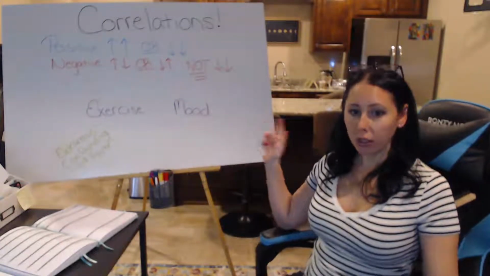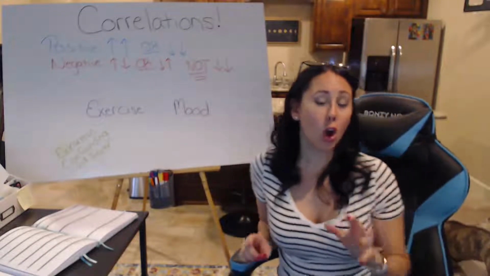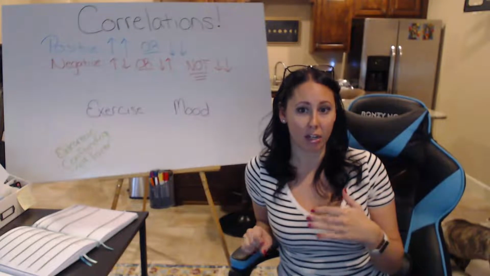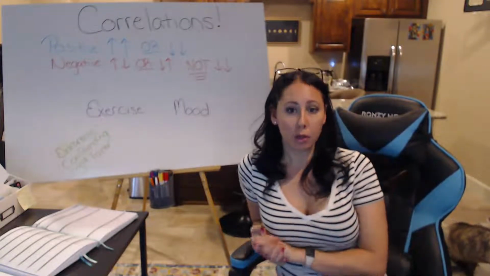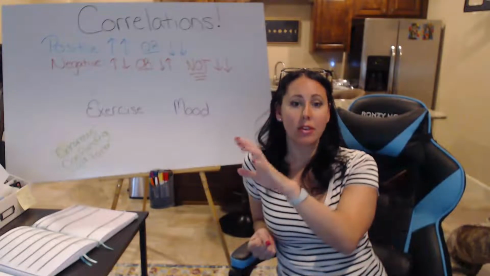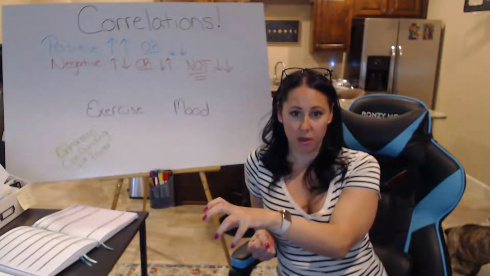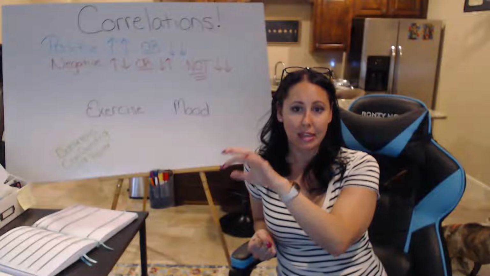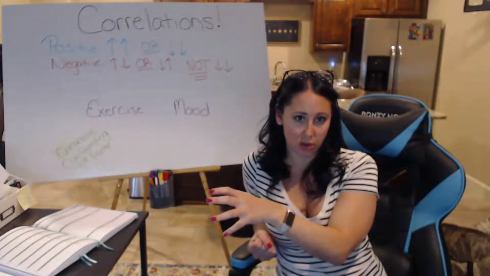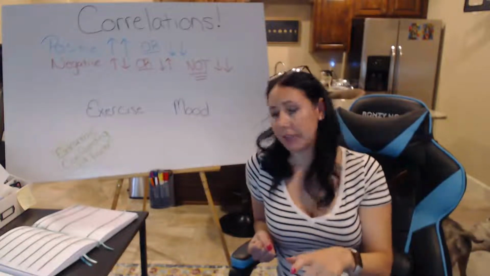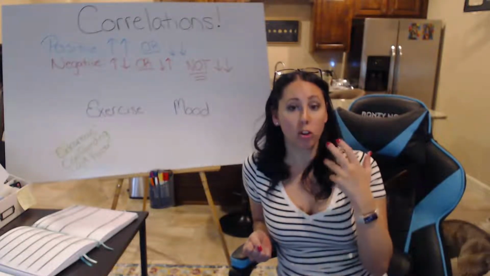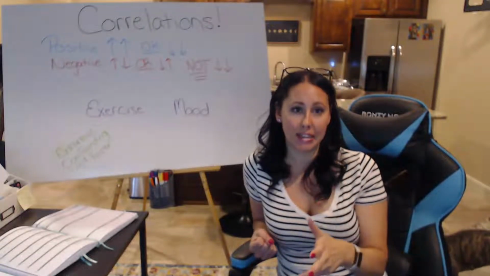So correlations, I'm hoping that most, if not all of you, have had research methods prior to this class. What we're doing with a correlation is we're mathematically showing, I know that there is a relationship between these variables. I know that these things are connected to each other. We can't necessarily say that one is causing the other, but we're showing that they're connected.